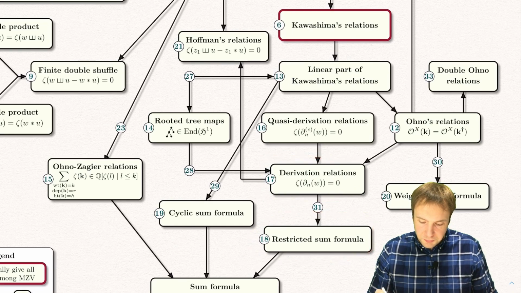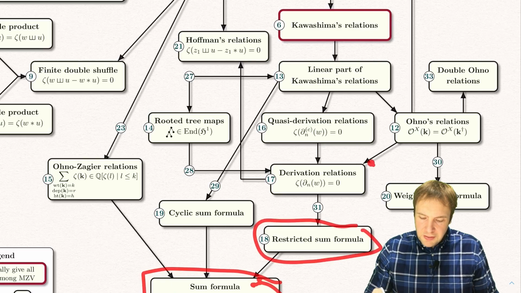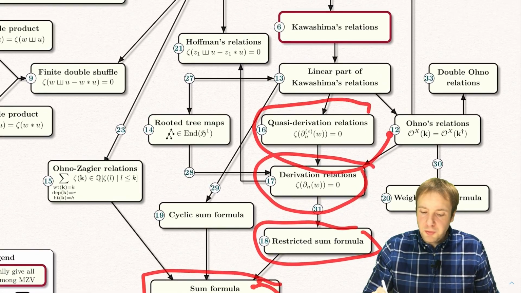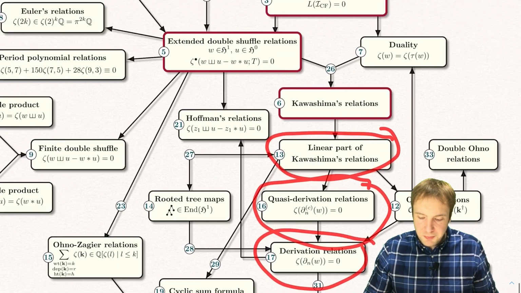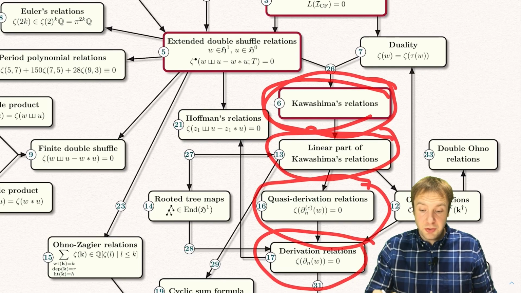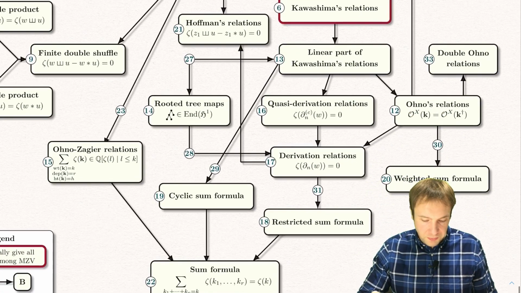There's a restricted sum formula which generalizes the sum formula, and this also follows from the so-called derivation relation, which is a consequence of a quasi-derivation relation, which is a consequence of this linear part of Kawashima's relation, which is a consequence of Kawashima's relation, which we expect gives all relations among multiple zeta values.